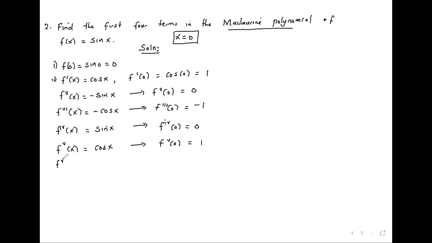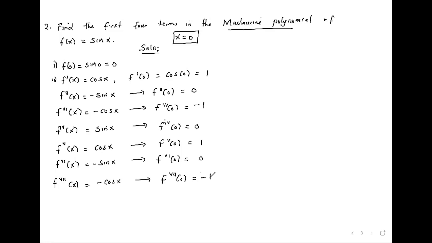The sixth won't give us anything because that will be negative sine x, so it will give us 0. And then the seventh, that's where we now get negative cos, giving us negative 1. So now we have 1, 2, 3, 4. These are not the terms, these are the coefficients.